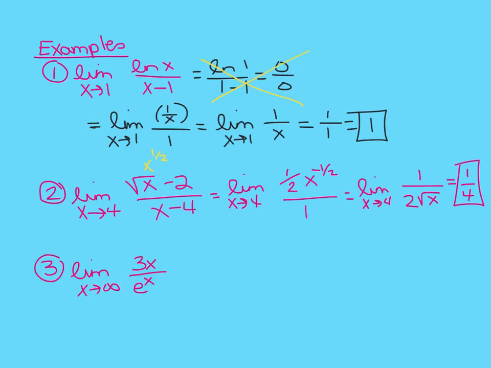So here's my second type of problem. If I have the limit as x approaches infinity of 3x over e to the x, if you were to try to substitute in infinity for the x in each of the numerator and denominator, you would get a situation where you have infinity over infinity. So I am going to use L'Hopital's rule.